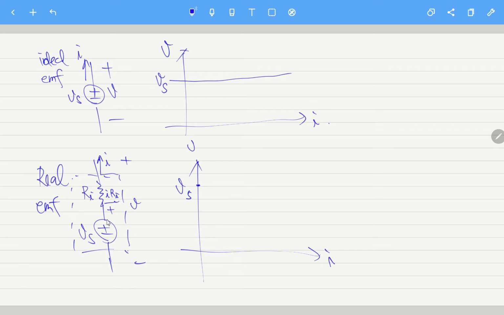And the current is going from bottom to top, so this is positive, this is negative. In that case, this line is not horizontal but has a negative slope. The slope of this line should be negative Ri.